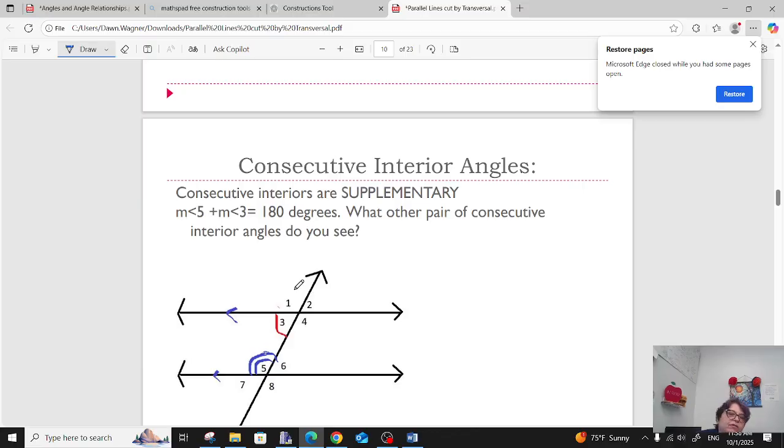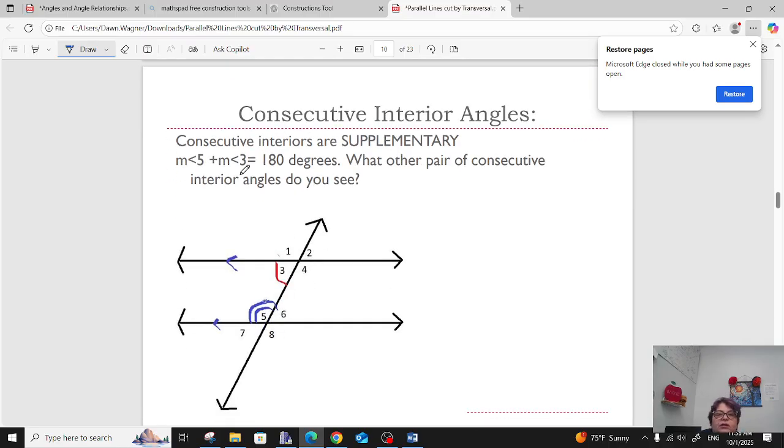Now, these are the only ones that we do, unless they were adjacent to each other. For the pairs that we have talked about on the slides, these are the ones that are supplementary. They are not congruent, and those are called consecutive interior angles.